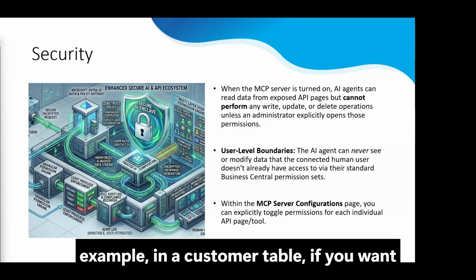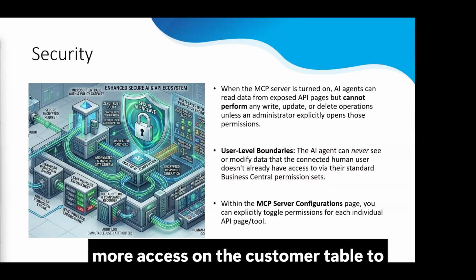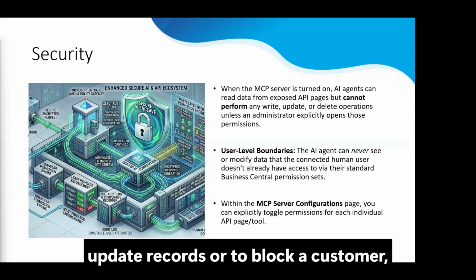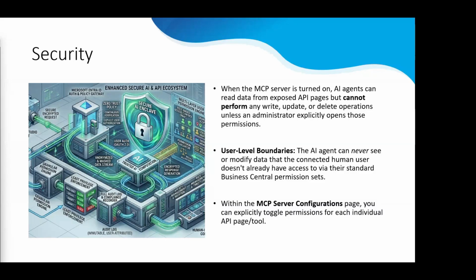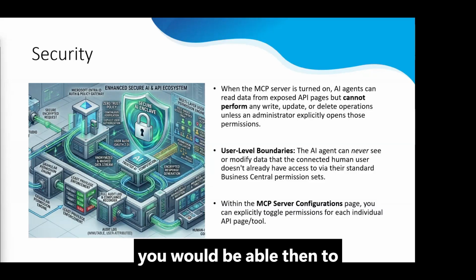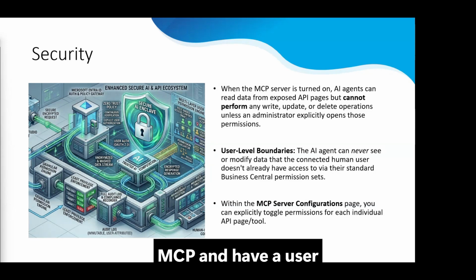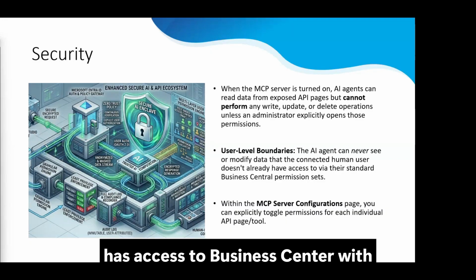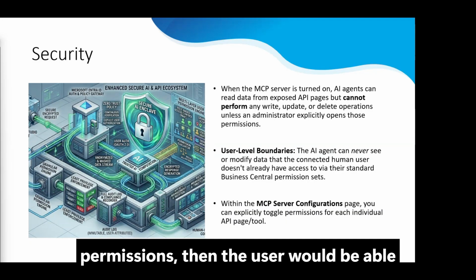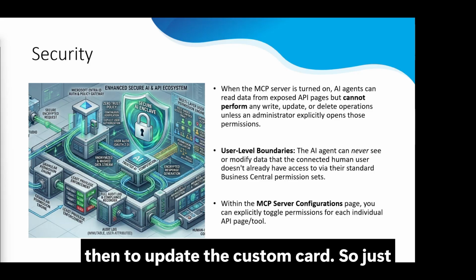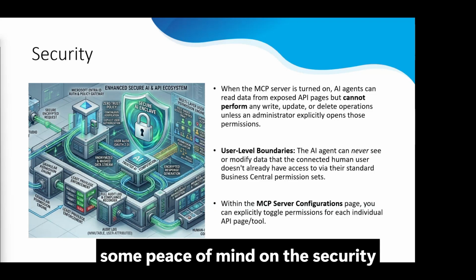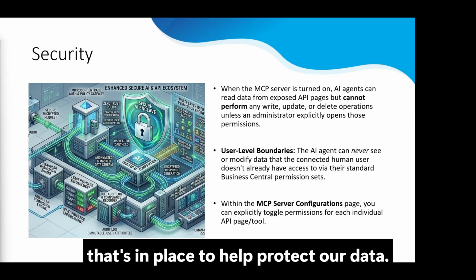And on a customer table, if you want more access to update records or to block a customer, you can set that up in the MCP configuration page, and as the user has access to Business Central with permissions, the user would then be able to update the customer card. So that's some peace of mind on the security in place to help protect our data.